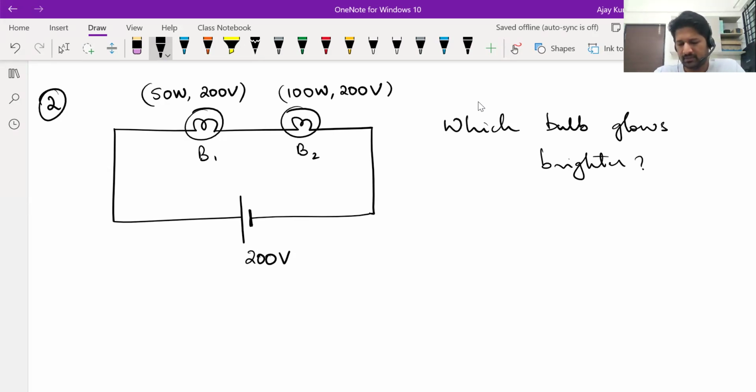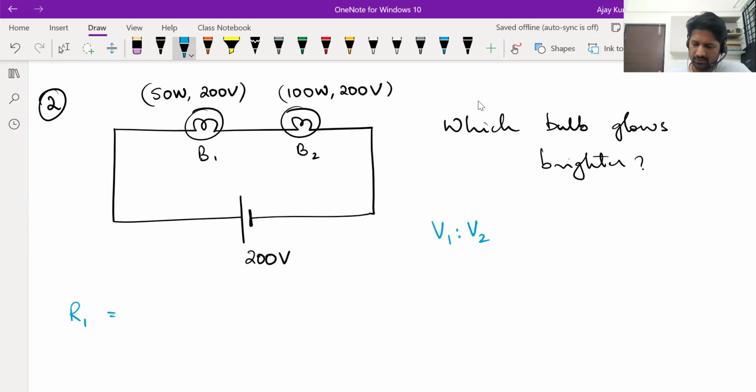Okay. Now, the question is only to find out which bulb glows brighter. How to proceed? Any idea? Sir, I found V1 is to V2. Okay, you found the voltage ratio. How did you find the voltage ratio? Good, that is a reasonable method. Sir, first I found resistance, and V1 is to V2 is equal to R1 is to R2.